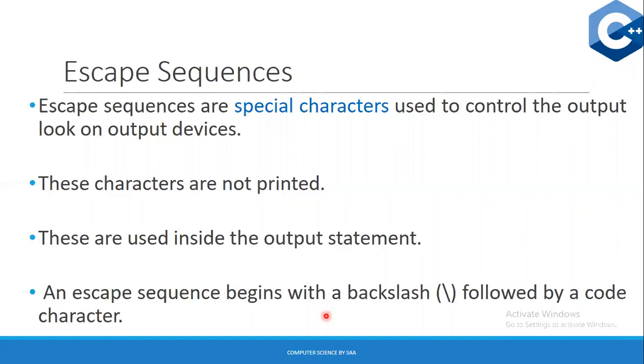An escape sequence begins with the backslash symbol, and this backslash is followed by a code character. We have already discussed it, but you didn't know that it is an escape sequence. Now we are going to discuss some examples, and after that it will be clear to you.